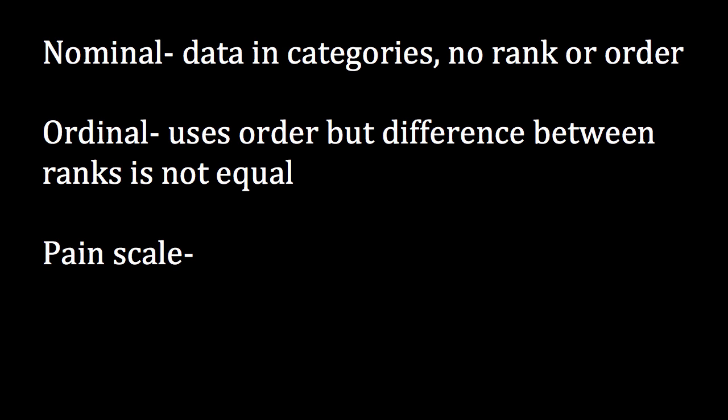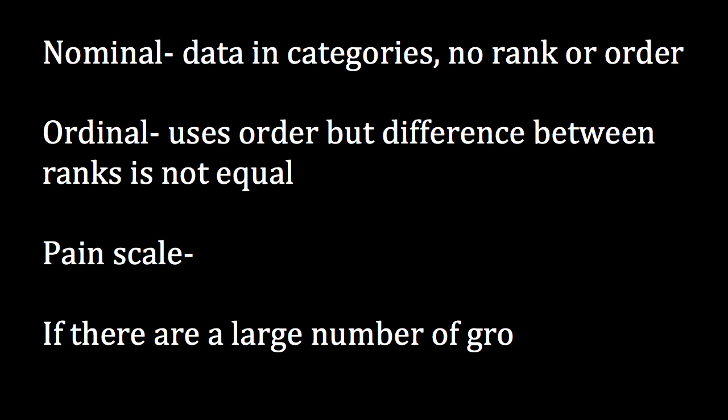Now, however, if there are a large number of ordinal groups, sometimes statistical tests that are used for continuous data can also be used for ordinal data. However, that's more of an exception to the rule than something that occurs frequently.